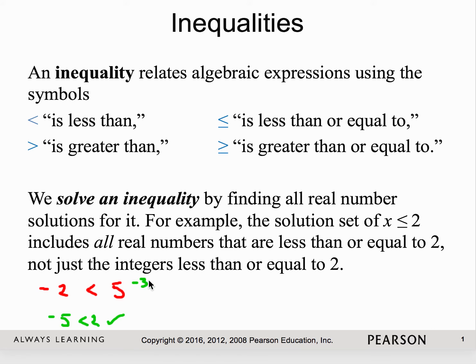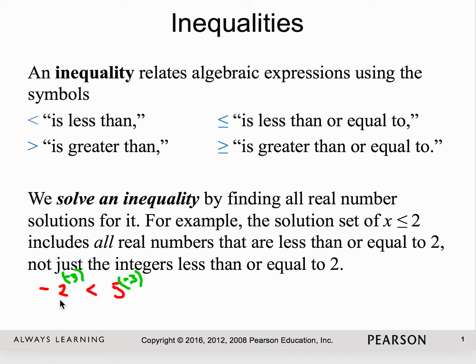Okay, I could multiply both sides by 3. -6 is less than 15, still true. But if I were to multiply both sides by -3, notice what happens.